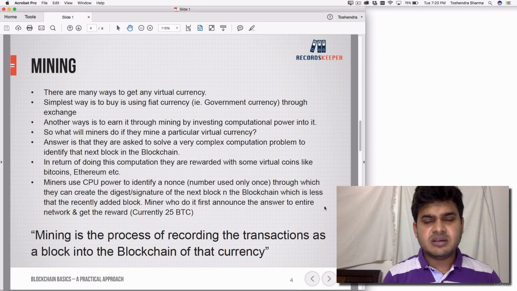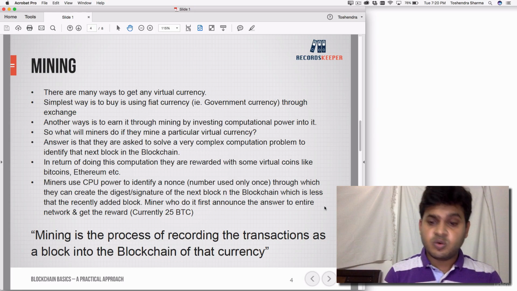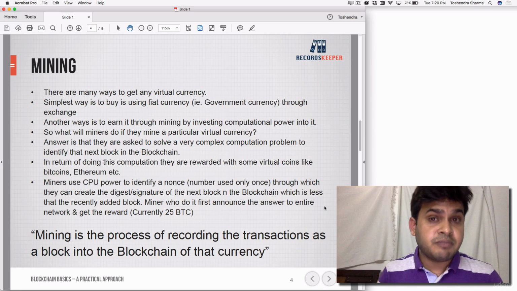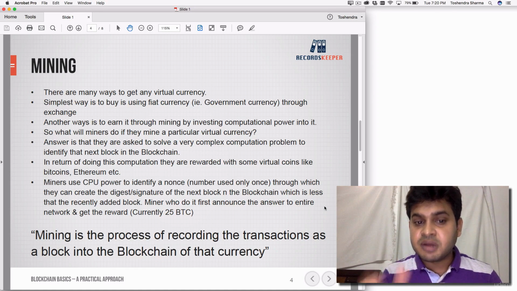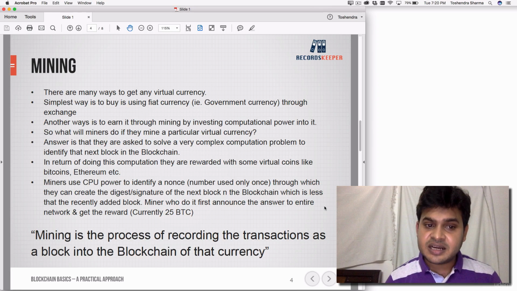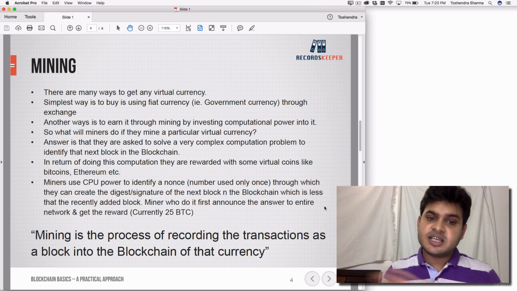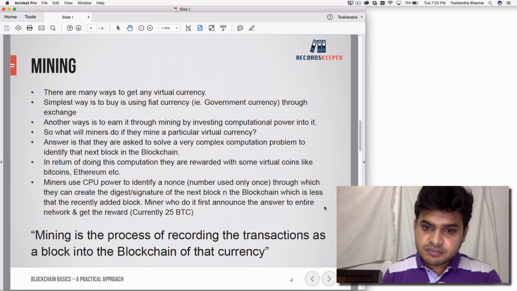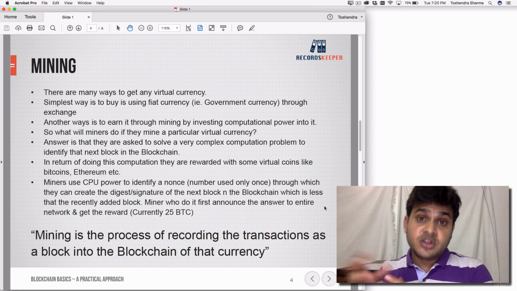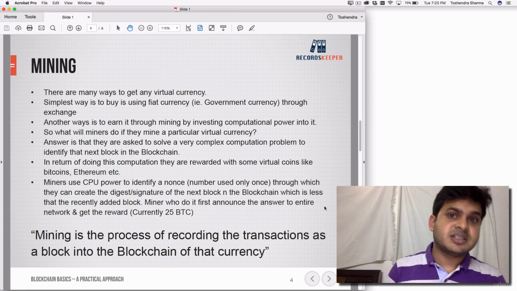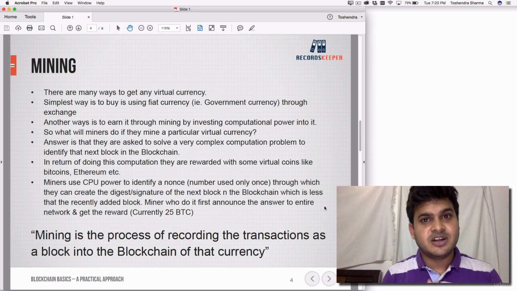So ultimately, what exactly do they do? Okay, computational power understood, but what is in that computational power? What do they actually perform? The idea is, they identify a particular random number through which they can create the digest or the signature of the next block in such a way that the new digest is less than the most recent block's digest, which is very difficult to identify.